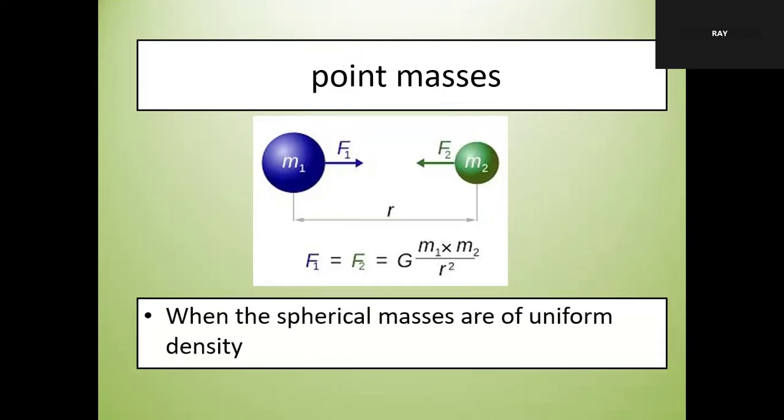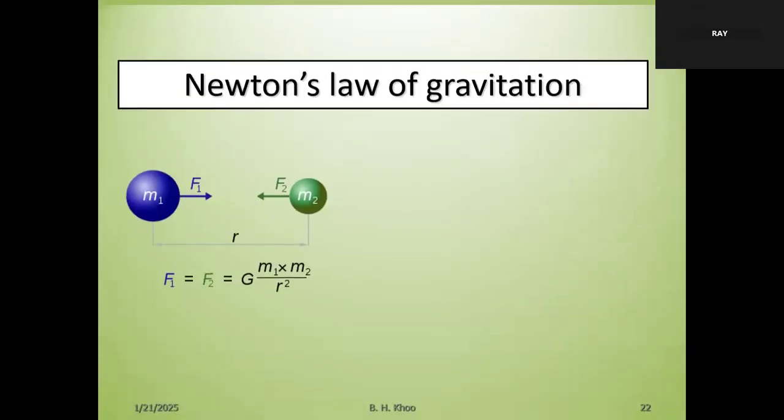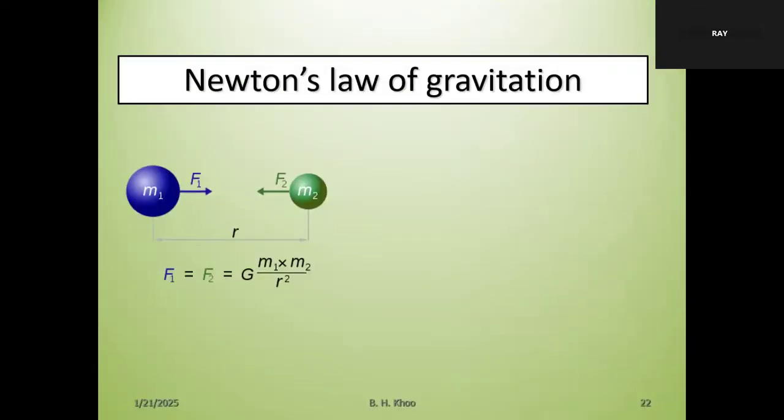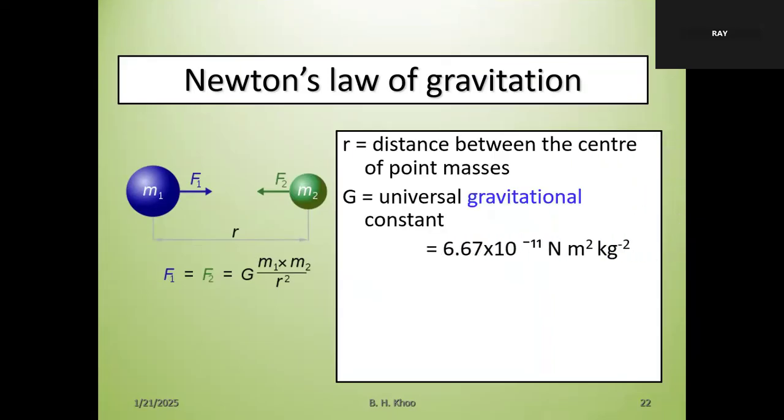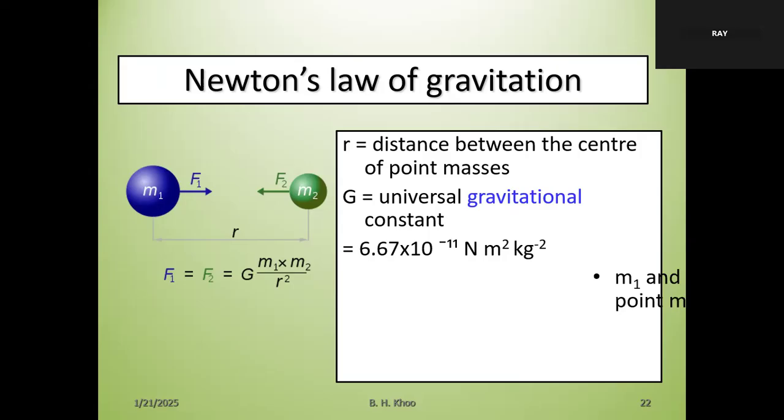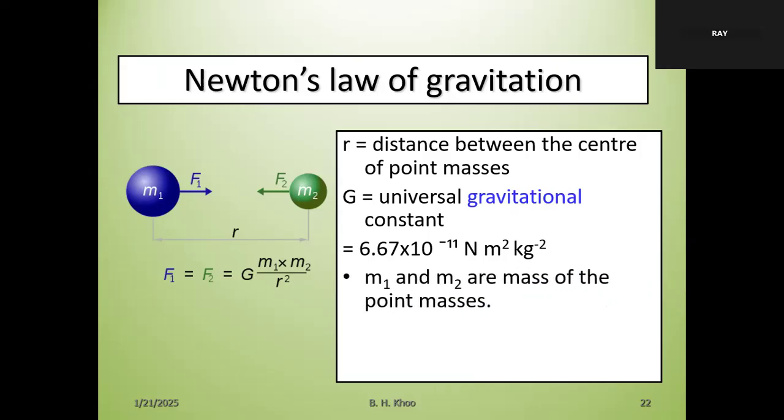That's it, when the spherical masses are of uniform density. r is the distance between the centers of the point masses, G is the universal gravitational constant, 6.67 times 10 to the power minus 11, given in the data sheet. m1 and m2 are the masses of the point masses.